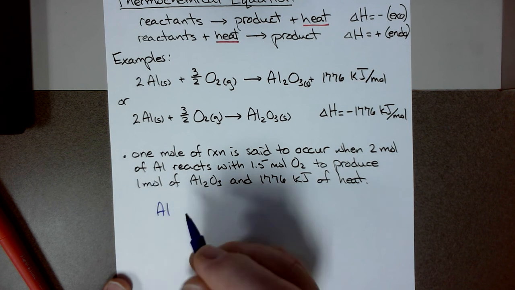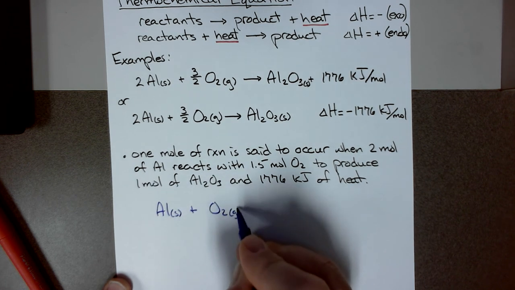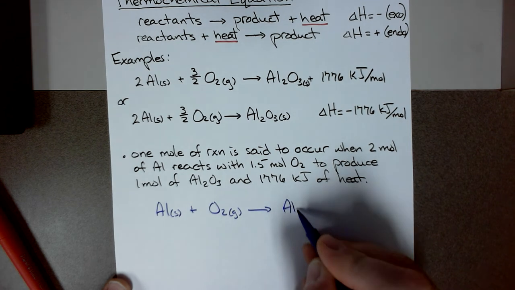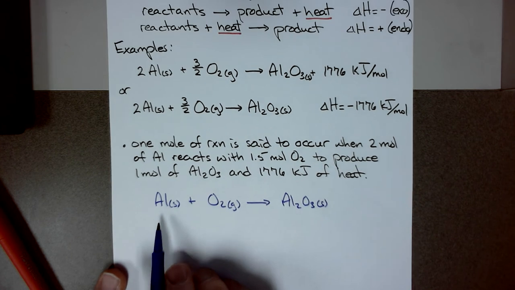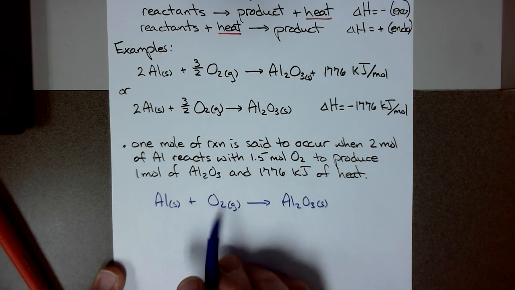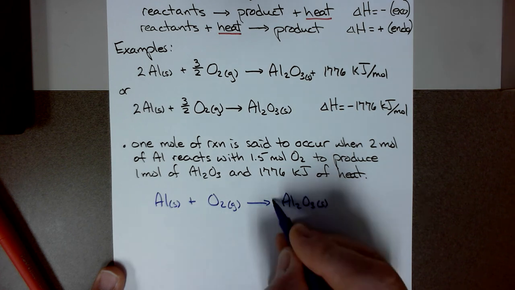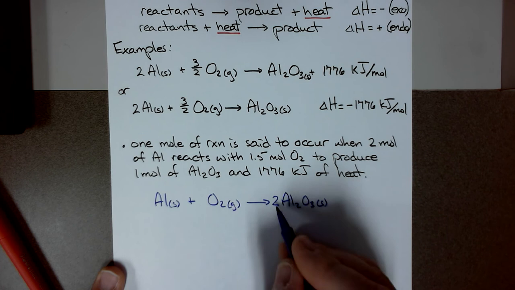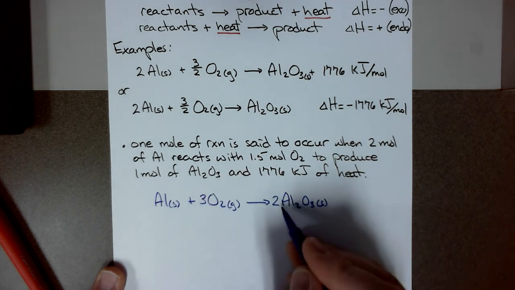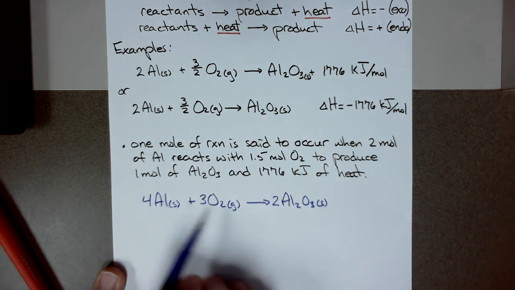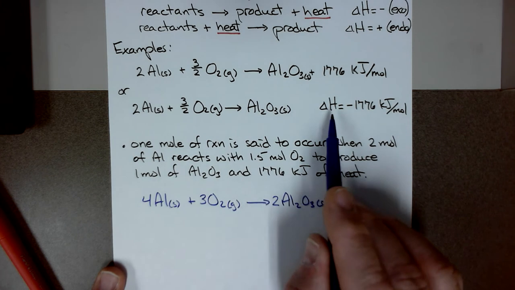If I have aluminum solid plus oxygen gas to produce aluminum oxide solid, we would balance it so that we have, let's see, 2 aluminums here, 1 aluminum, we have 2 oxygens, 3, so I need to put a 2 here. 2 times 3 is 6, so I need a 3 here, and then a 4 here. Now that's the original balance.